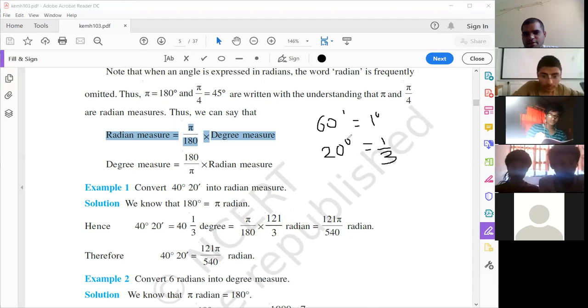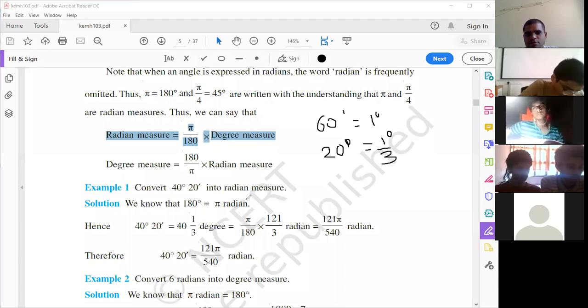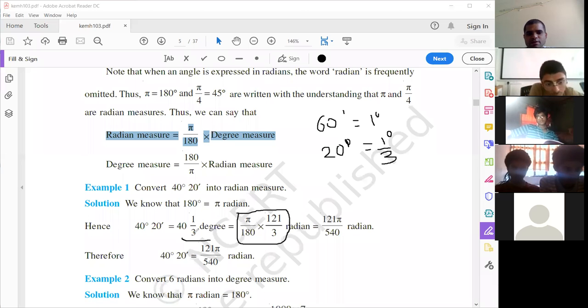So here they have written 40 and 1 by 3 degrees. Now you multiply this by pi by 180 into 121 by 3. You can write 40 and 1 by 3 as 121 by 3.